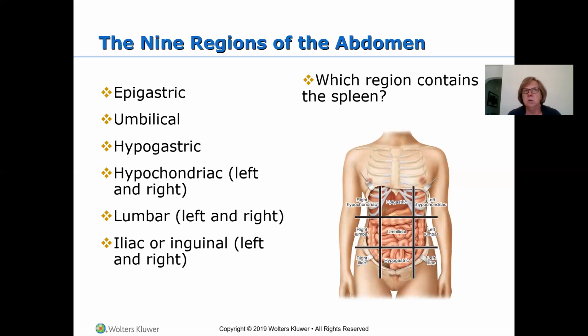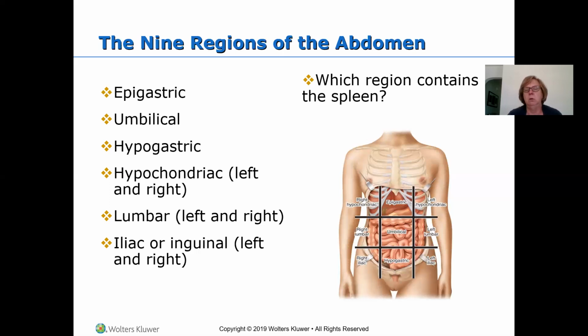But as long as you can recall and study the names for the central region, I think it's pretty self-explanatory that the midline is around your navel, and that's the umbilical. Above that is the epigastric. Epi means above, and hypo means below, so you have the hypogastric below the navel.